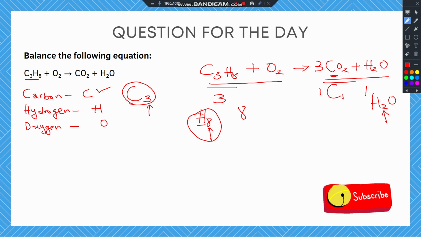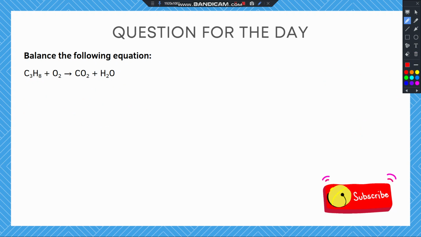This 2 here belongs to hydrogen, showing that there are 2 atoms of hydrogen on the right hand side. So we have 8 on the left and 2 on the right. So how do we make that equal? We simply multiply 2 by 4. So that tells us that we need to add a coefficient of 4 in front of H2O in order to make hydrogen balance.